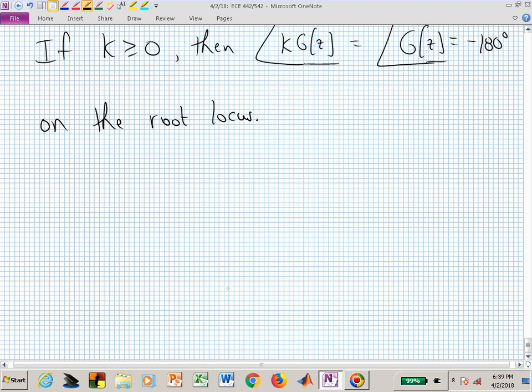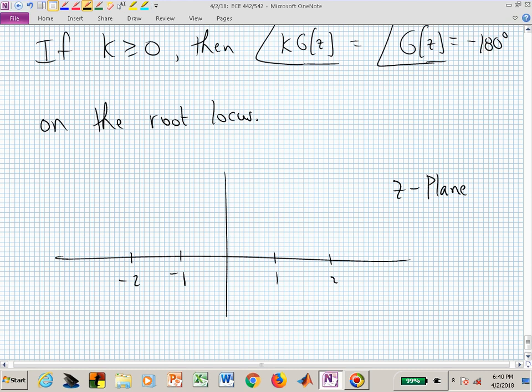So, what does this root locus look like? Here's the z-plane. And how do we sketch the root locus? To start, it's really pretty easy. We first put down the x's and o's. The x's are all the open loop poles. The zeros, or open circles, are all of the finite open loop zeros.